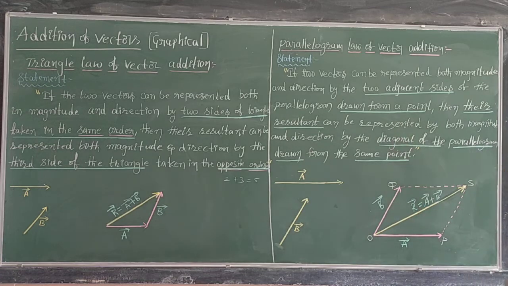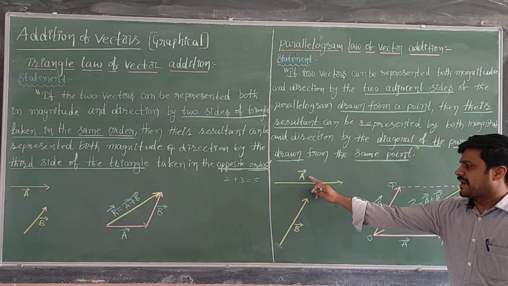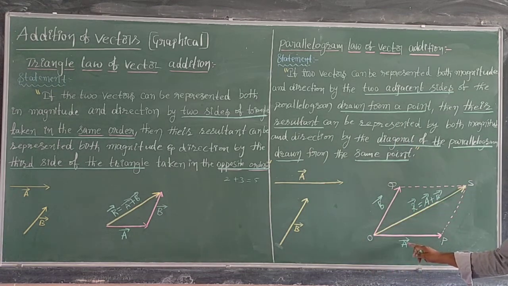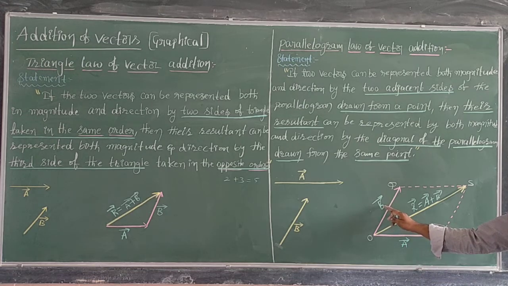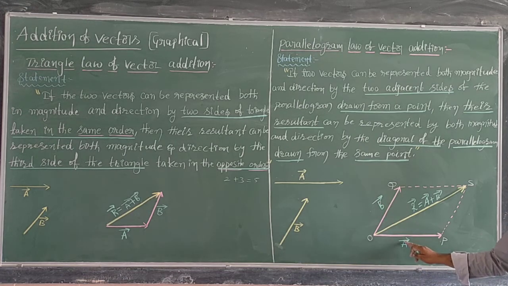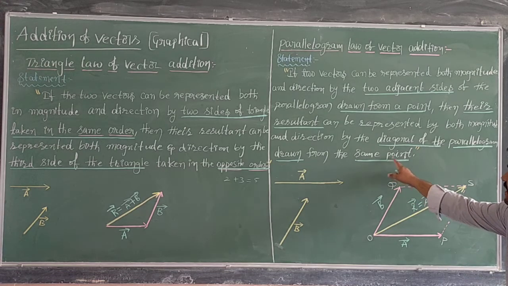In the parallelogram law, two vectors are drawn from a point as two adjacent sides of the parallelogram. Then their resultant A bar plus B bar is represented by the diagonal of the parallelogram drawn from the same point. Very easy.